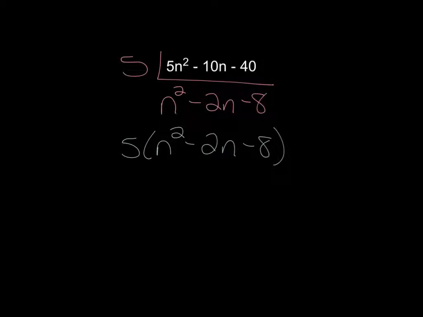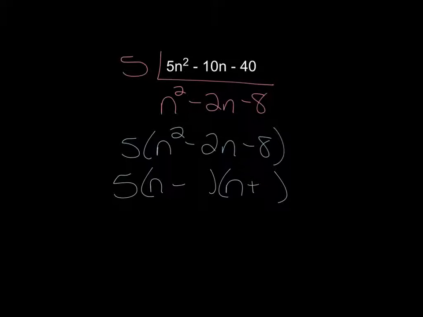We need it. So now we have the 5, and we're going to factor the polynomial into 2 binomials. We know we're going to have n and n. Our last term is negative, which means our signs are different. So we need factors of 8 that have different signs, and when we combine them, we get negative 2.